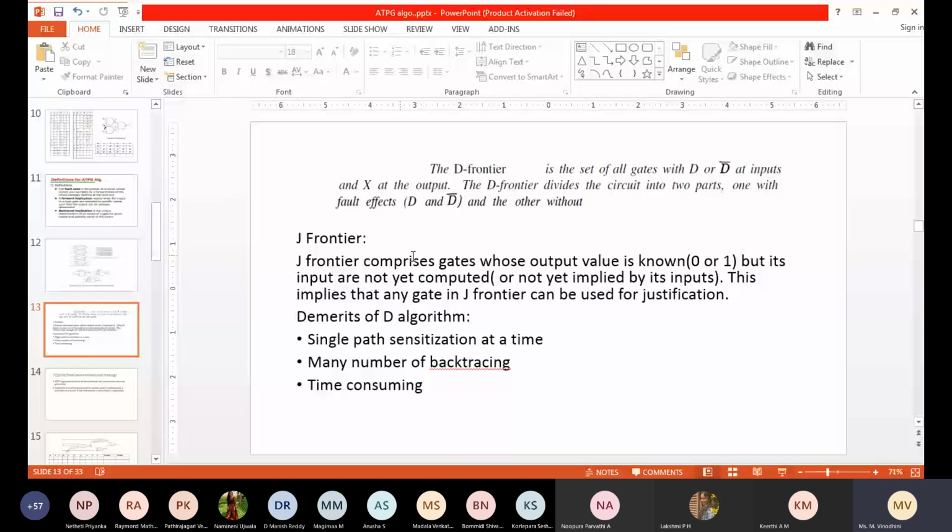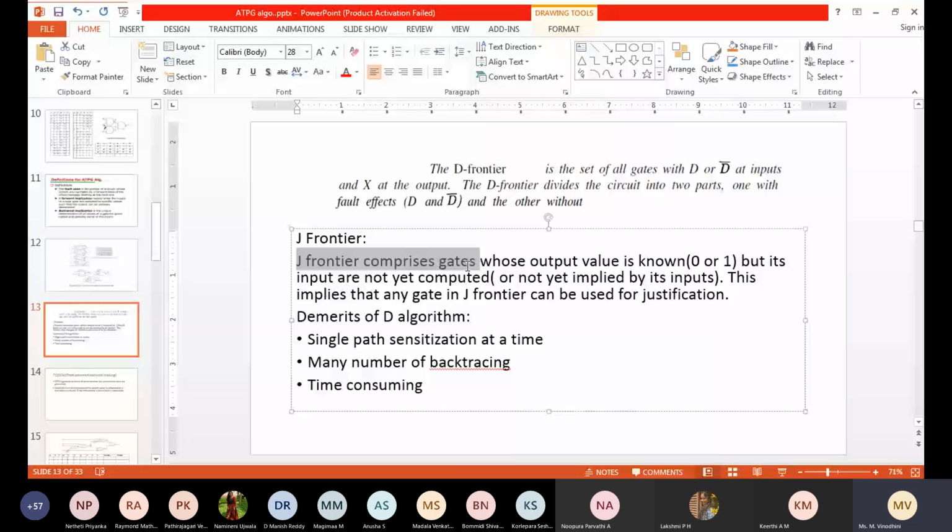Read this: J frontier comprises gates whose output value is known and you will be calculating the input. So this is related to backward or forward? Backward.